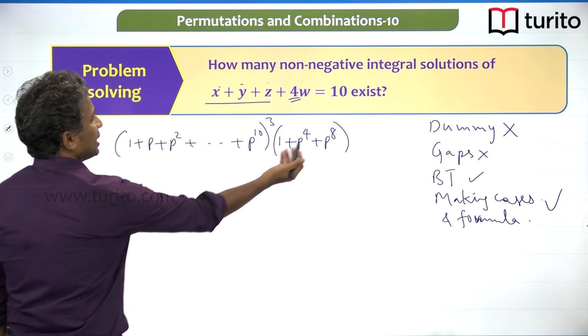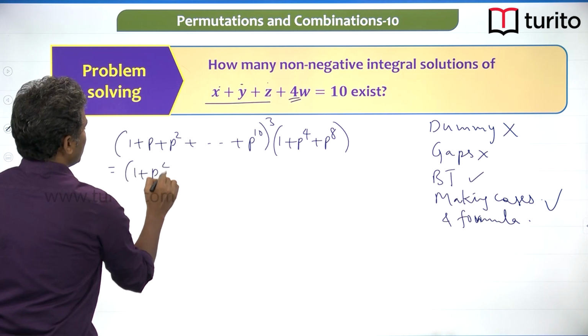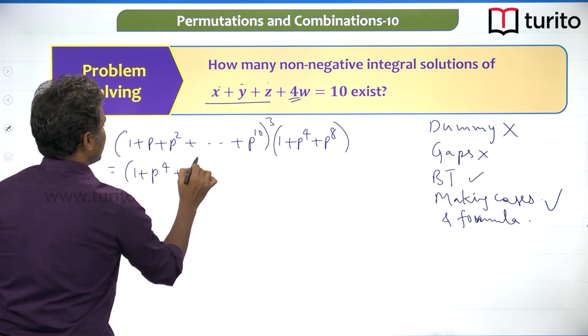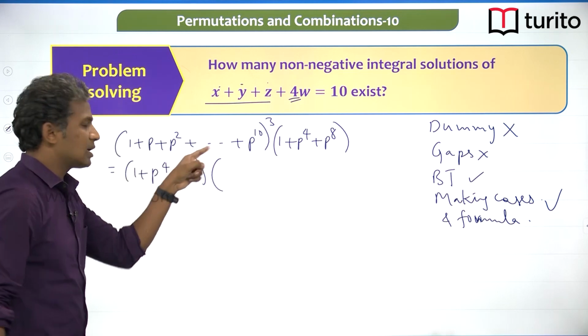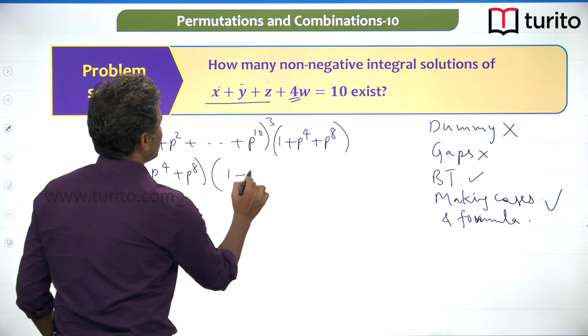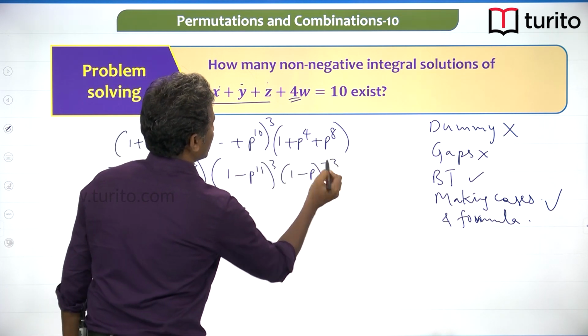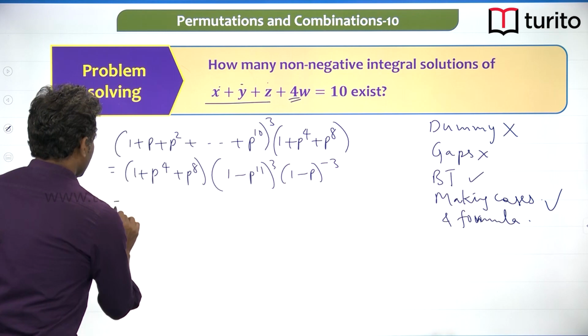So how do we do it? I will just take this in the left side. So 1 plus p raised to 4 plus p raised to 8 into this I am going to simplify. So this is a standard GP, right? So 1 minus p raised to 11 whole cube into 1 minus p raised to minus 3. One more step I will write.